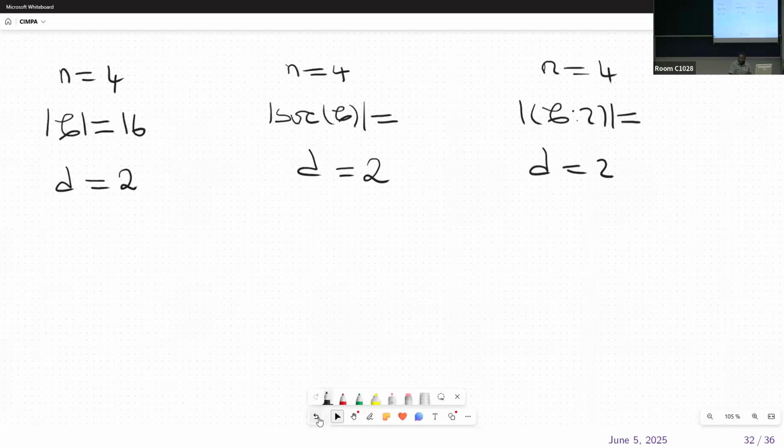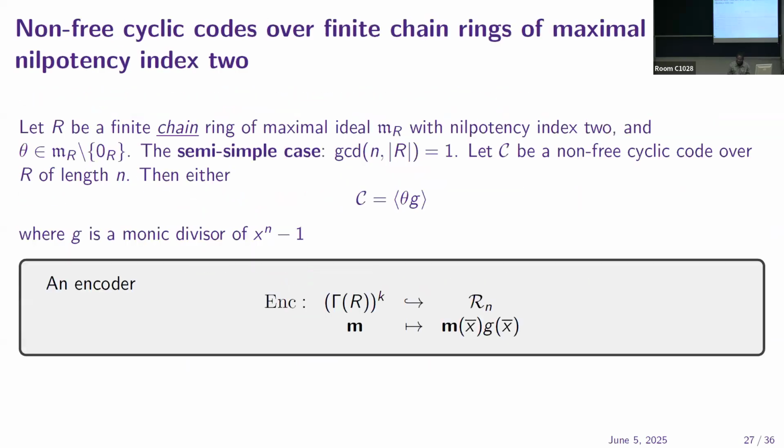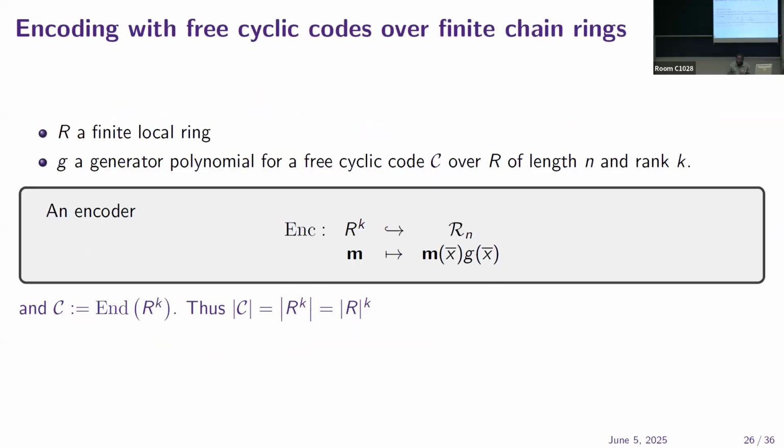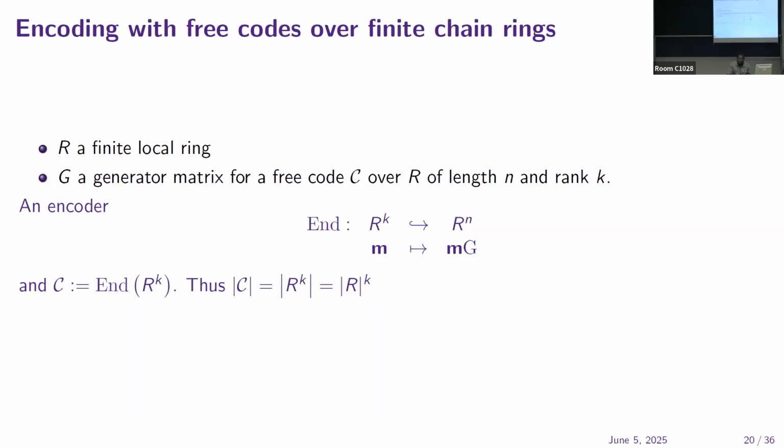How to compute the cardinality? For a free code, when the code is free, the cardinality is equal to the cardinality of the alphabet power k, where k is the rank of the code.